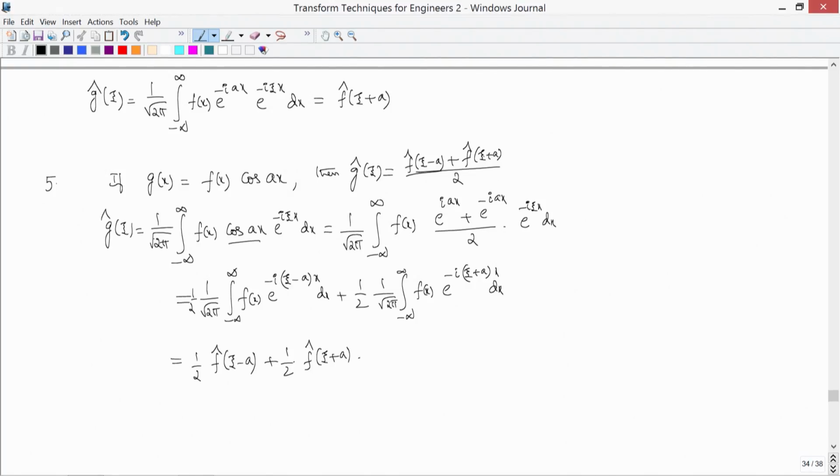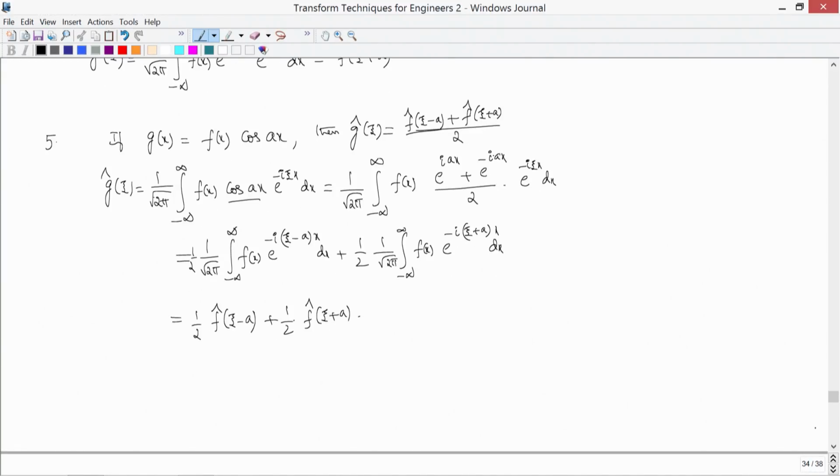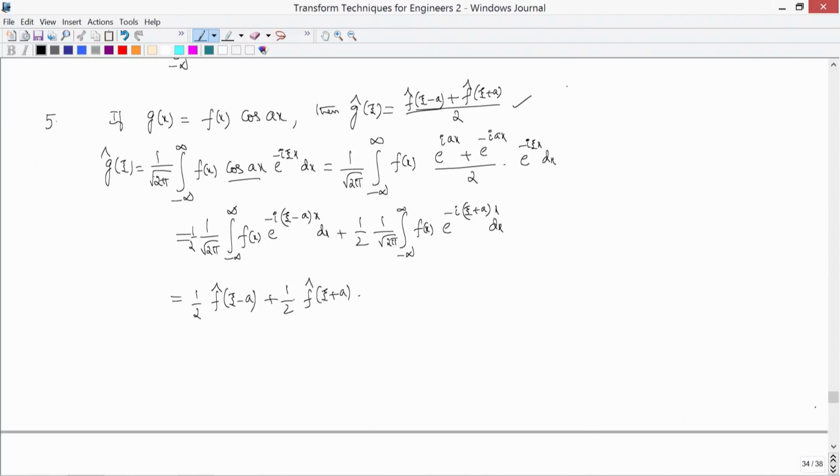That is the modulation part: modulation of f(x) into cosine, and then the Fourier transform is this. So using these properties, if a function is of this form, you can directly calculate only the Fourier transform of f, and then use this property to calculate the Fourier transform.